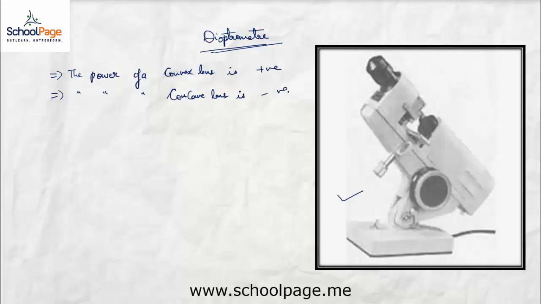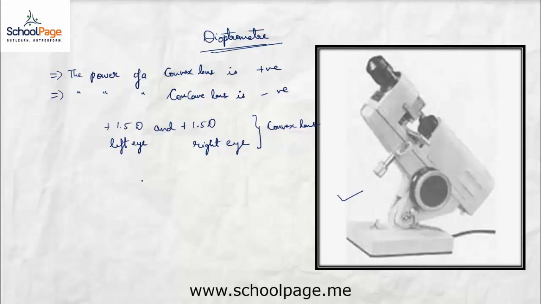So when an optician, after testing the eye of a person, prescribes the corrective lenses of say plus 1.5 D and plus 1.5 D, this for left eye and this for right eye, the optician actually refers to the power of convex lenses required for making eyeglasses or spectacles to enable the patient see clearly.